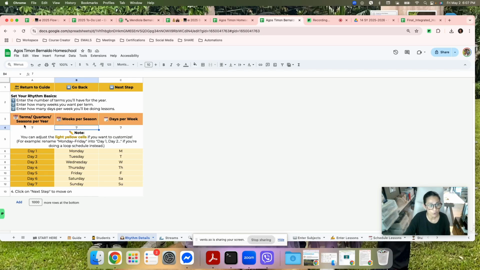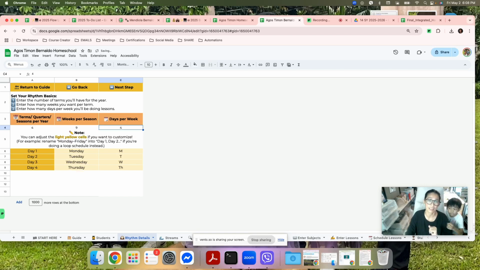Usually people will have here 3 terms, 12 weeks, 5 days a week. Some will have 4 quarters with 9 weeks, then only 4 days a week scheduled. So as you can see, it will be reduced.